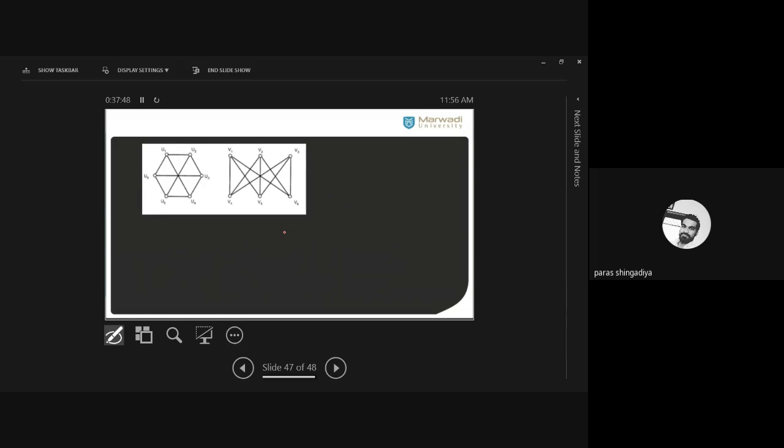In the center there is no vertex. यहाँ पे जो cross हो रहा है, there is no vertex at the center. All the vertices are placed on the boundary. सभी vertex boundary पे placed है. And now the notation is mentioned: you just consider the image of U1, U2, U3, U4 as V1, V2, V3, V4 and so on.